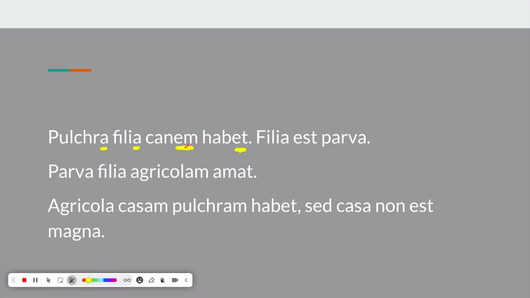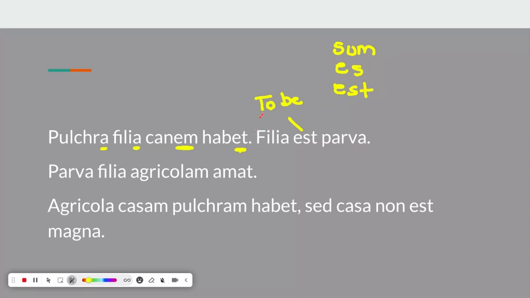You should remember this word maybe. So the daughter, est. These are the irregular verbs, to be, that we talked about. And we said sum, I am, es, you are, est, he, she is.